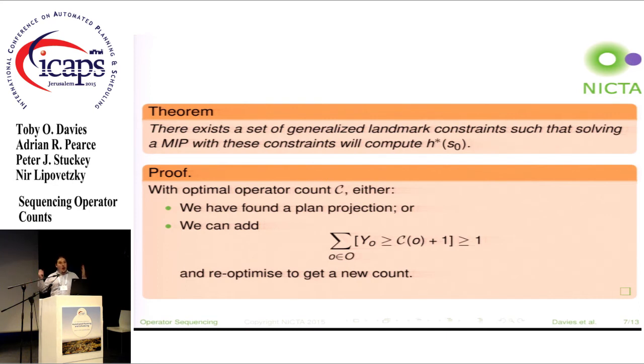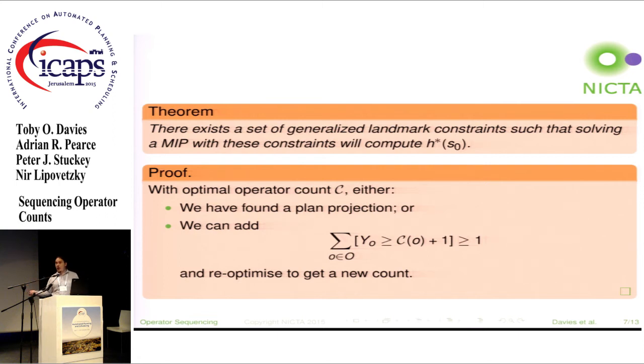So because the MIP is an admissible heuristic, the optimal solution to it is a lower bound on the cost. So if we can sequence it, we've proved optimality, because it has a cost equal to the lower bound that we obtained from the heuristic. But also, if we can't sequence that into a plan at all, then we know that you can always say, I need one more of something.